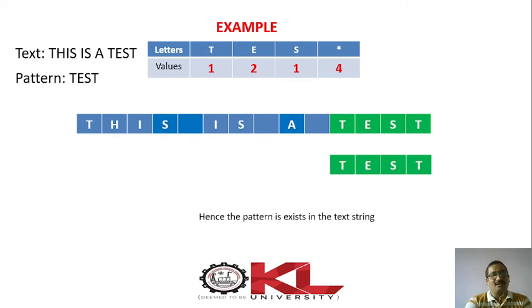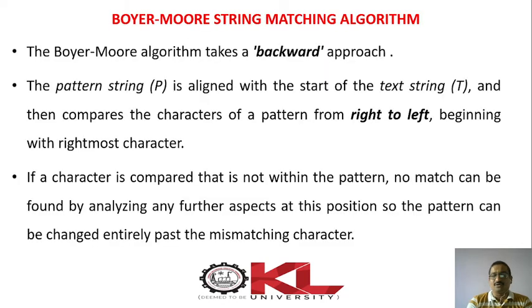I hope that you can clearly understand the example for the bad match table. Now some glimpse of this Boyer-Moore string matching algorithm. This algorithm always takes a backward approach, as you already know.